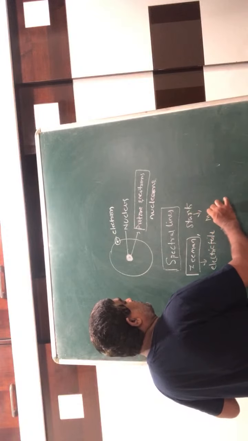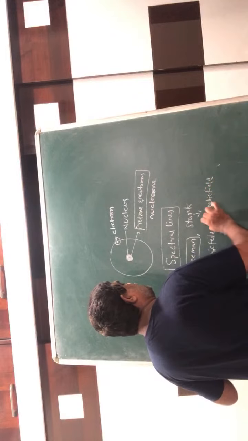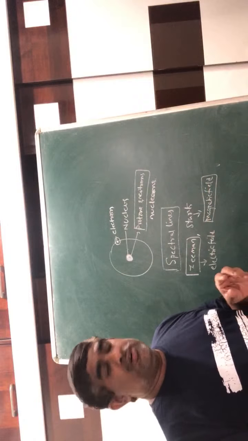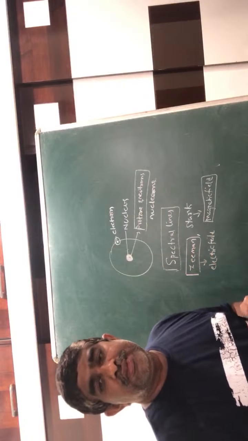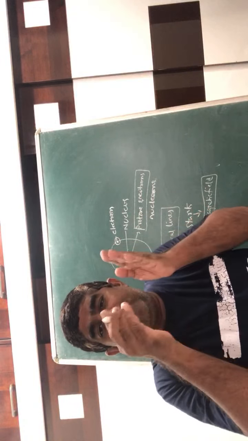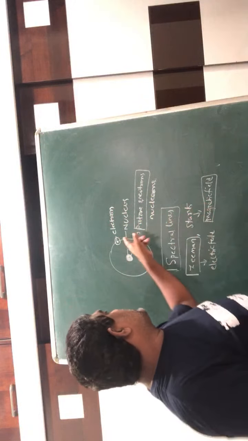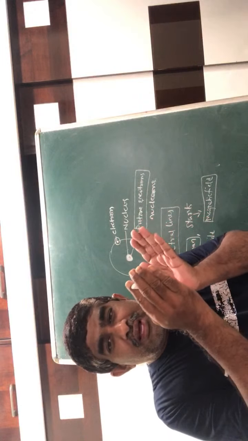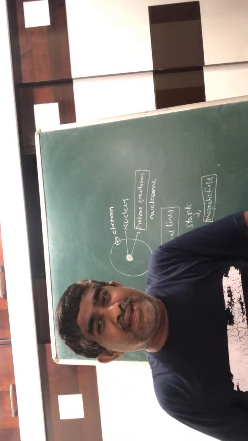Stark effect means magnetic field. So when an atom is kept in a field, it forms spectral lines. Spectral lines are formed due to energy transfer. As an electron revolves around the nucleus, it may lose energy. That lost energy is shown as spectral lines.